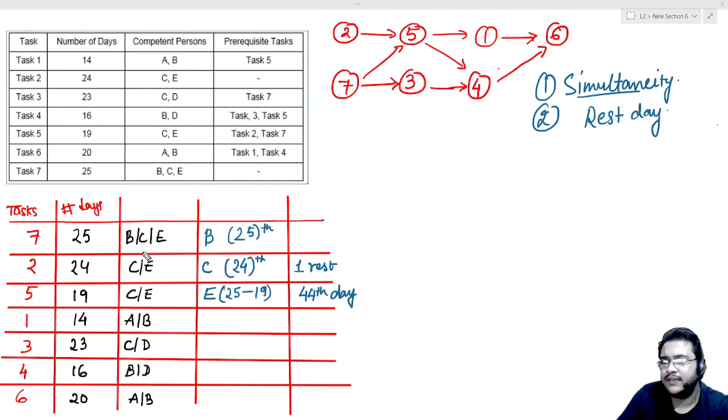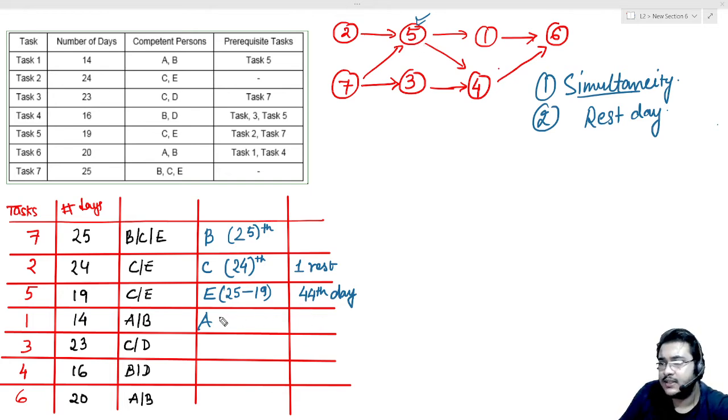Who can I give it to? If I give it to B, B will have to come in with the rest days also. So I don't want to give any rest days, so I'll give it to a fresh person. I'll give it to A, and A will only take 14 days, and 14 days after this 5th task. Okay, I hope that makes sense. And 5th task is completed after the 44th day.